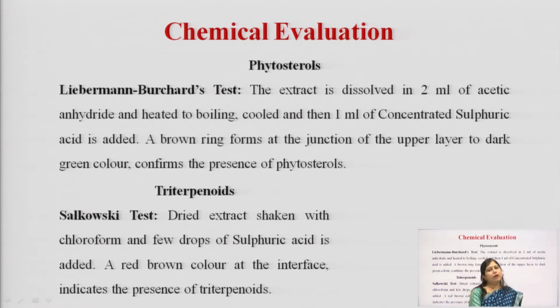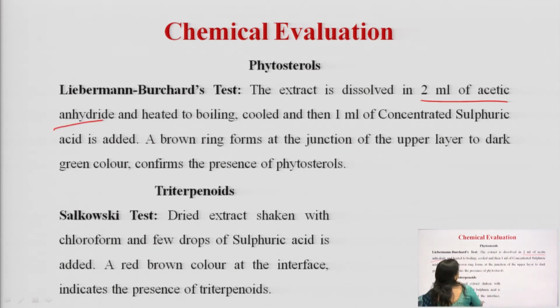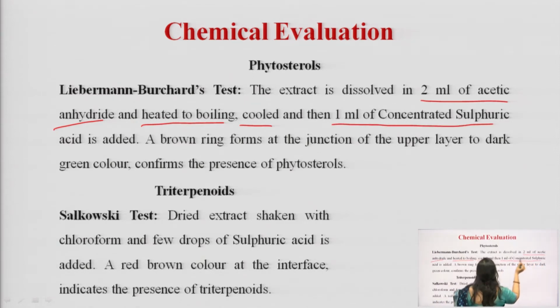They generally give a positive test for these phytosterols, and the test is done by mixing the extract with 2 ml of acetic anhydride. We take the extract which we prepared earlier, and to this we add 2 ml of acetic anhydride.